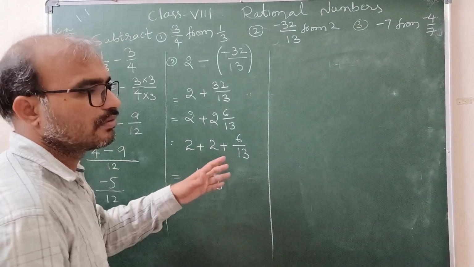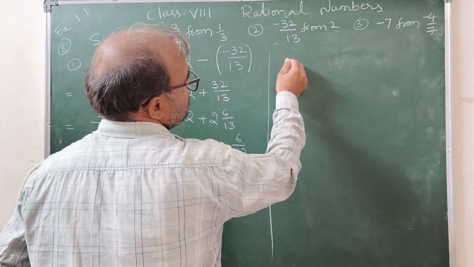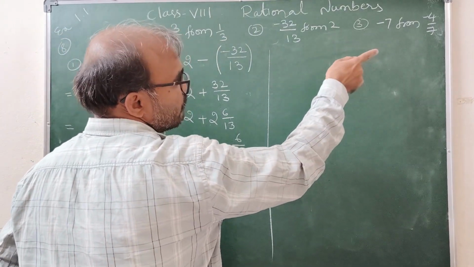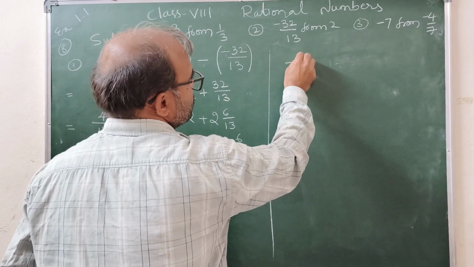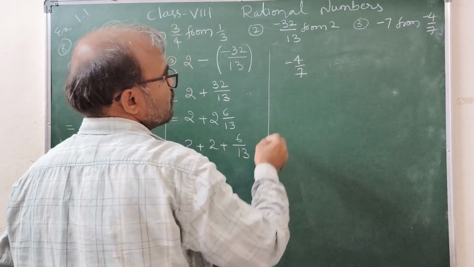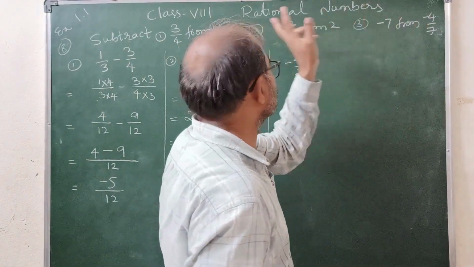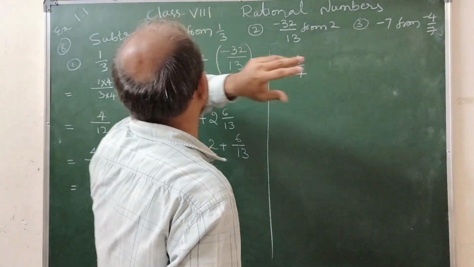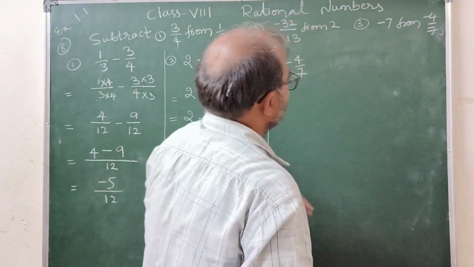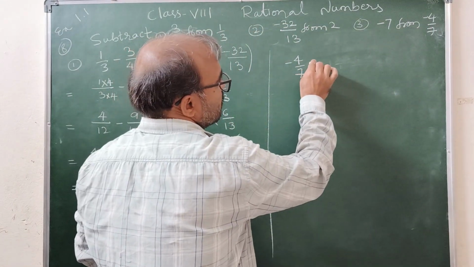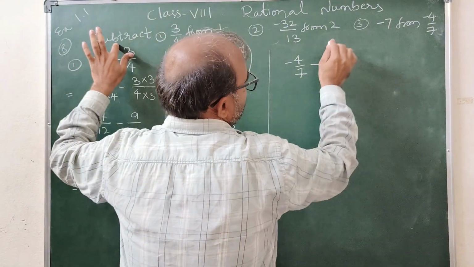Otherwise, you have to go only by normal simplification. Again, minus 7 from minus 4 by 7. From minus 4 by 7, subtract minus 7.